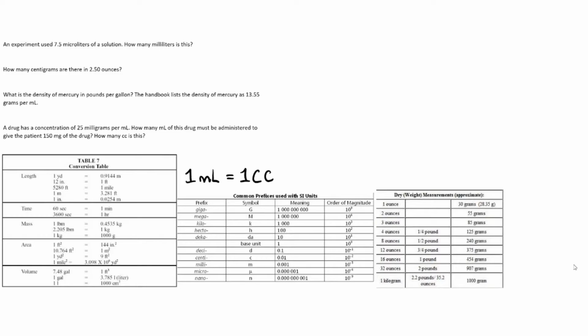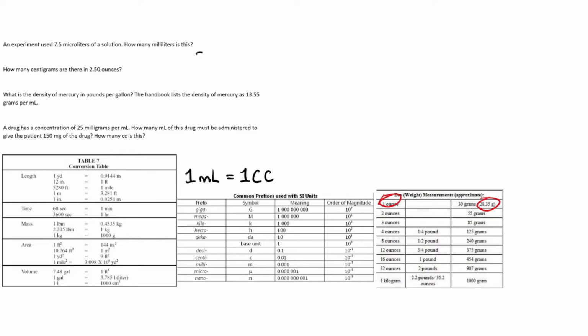How many centigrams are there in 2.5 ounces? These are dry ounces since we're going into grams. So we're going to need our conversion. We can see on this chart here, 1 ounce equals 28.35 grams. So that's what we're going to use for our conversion.